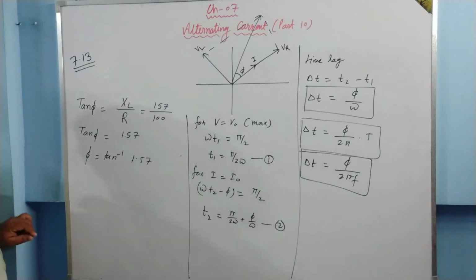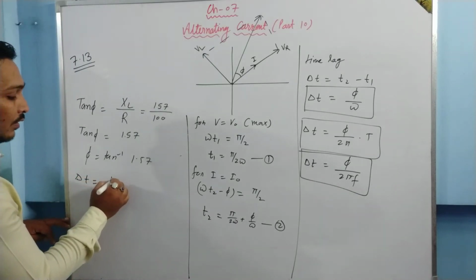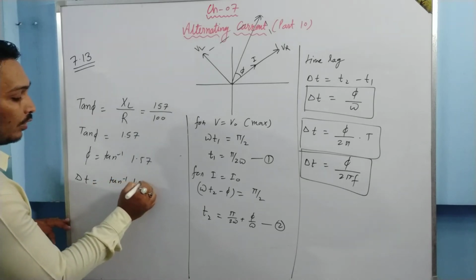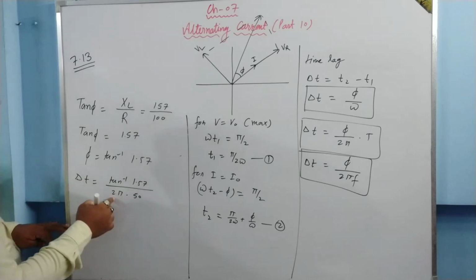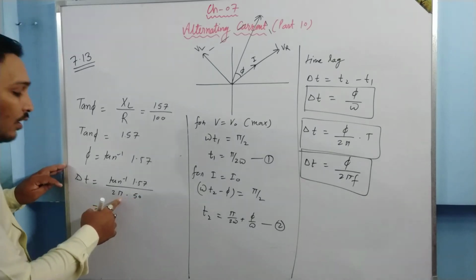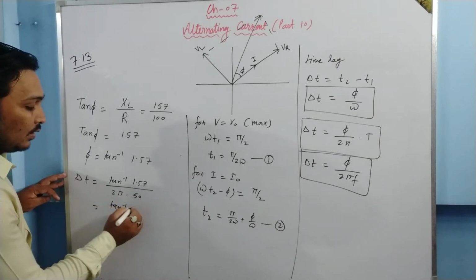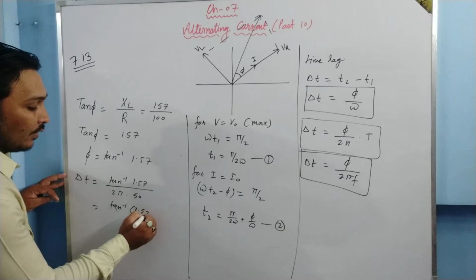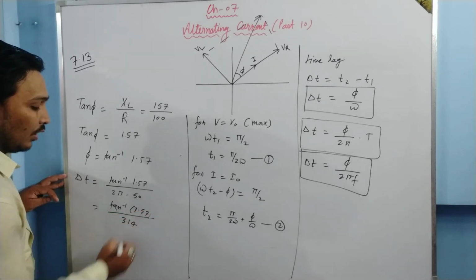So this is the value of phi. Just put it over there. So we are going to have delta T is equal to tan inverse 1.57 upon 2 pi into 50. 2 pi into 50 will be 100 multiplied by pi, it will be 314. So it will be tan inverse 1.57 upon 314.